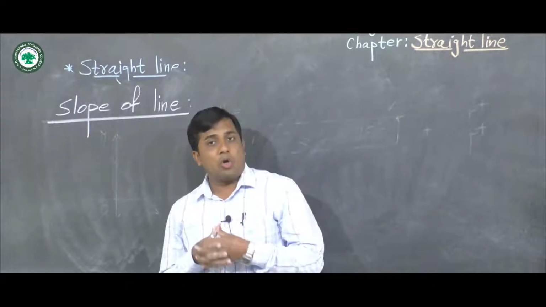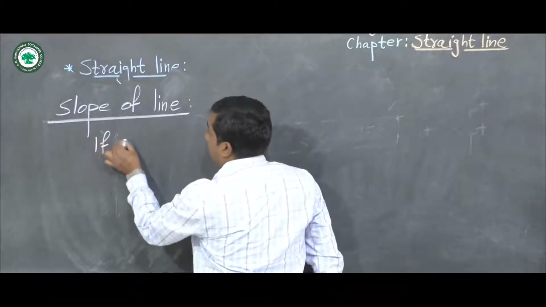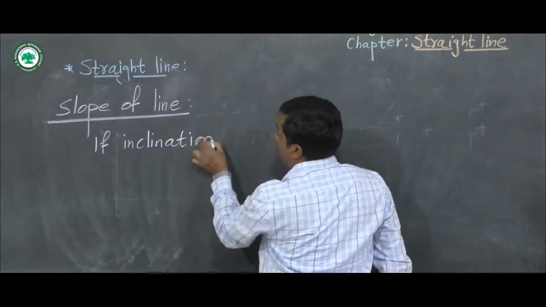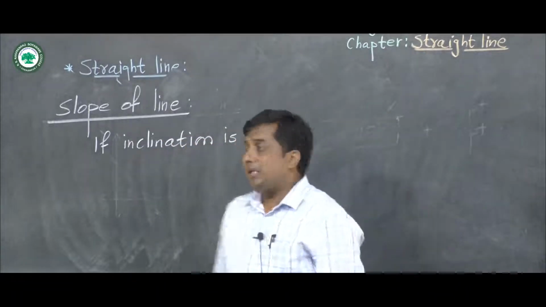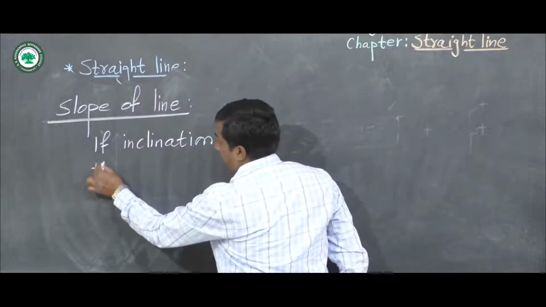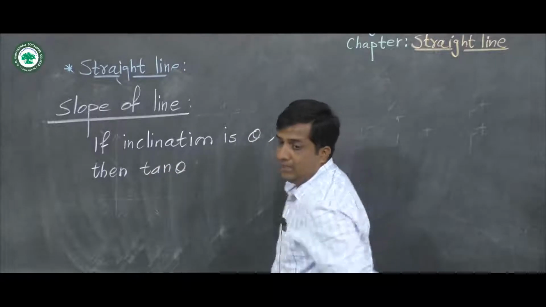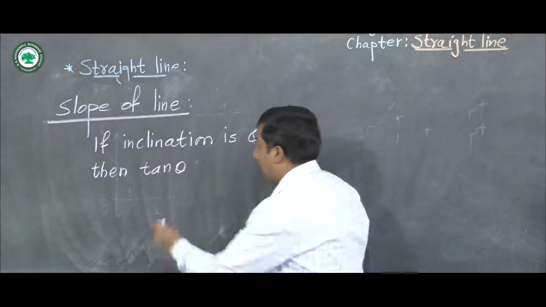Let the inclination of the line be theta. Then tan theta is called the slope of the given line.